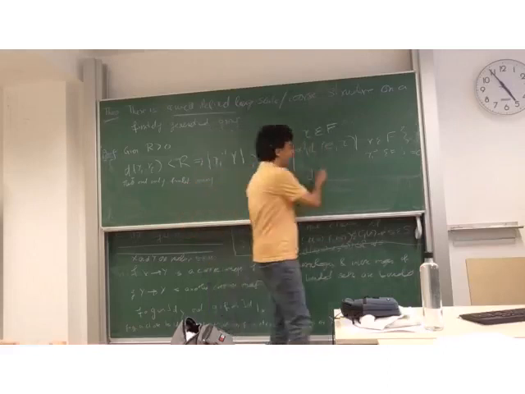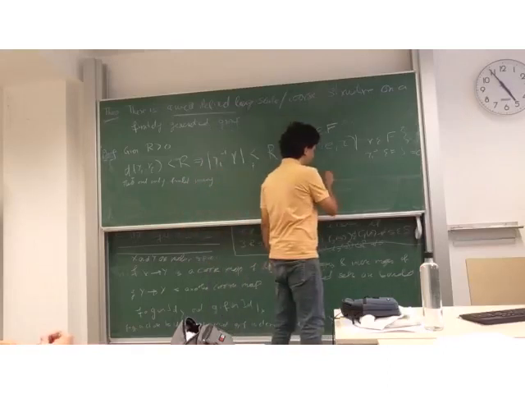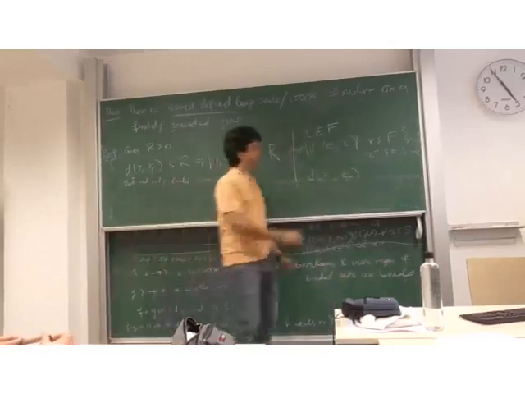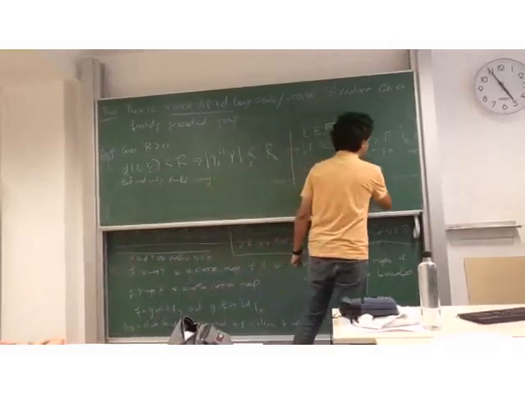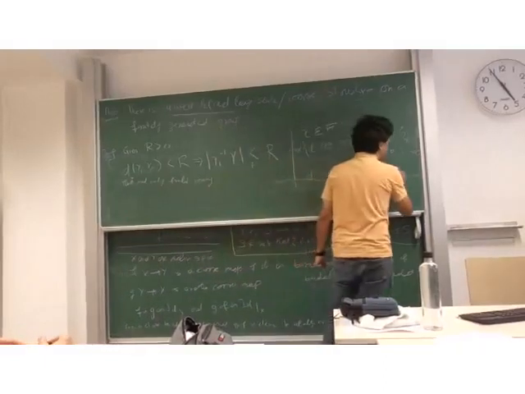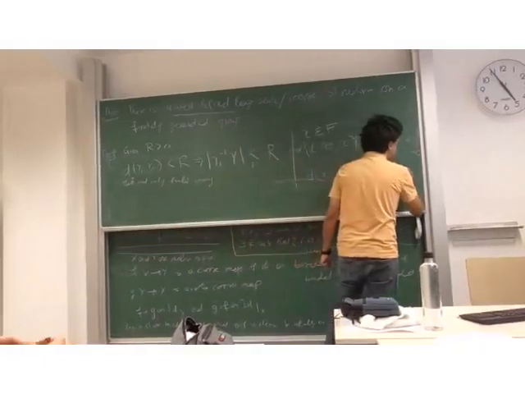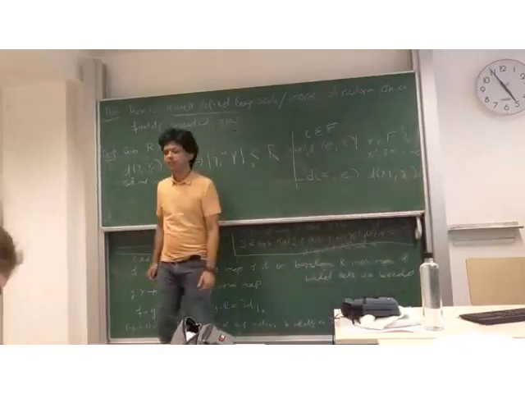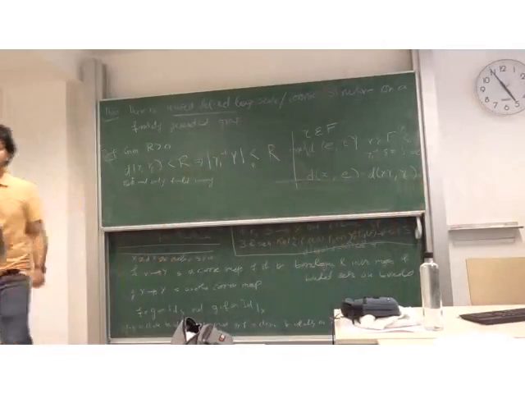What I know is that the metric is translation invariant. So if I look at this distance, this is equal to, by translation invariance, d(x, gamma).